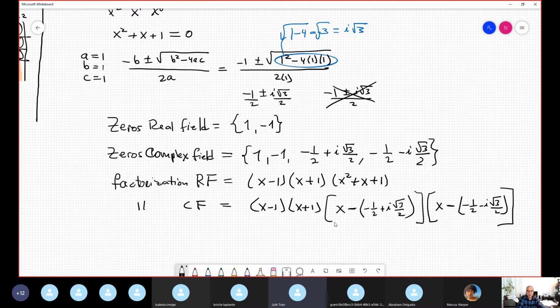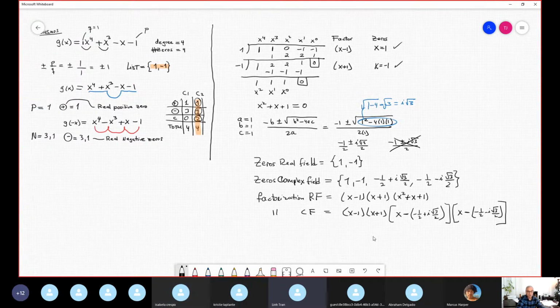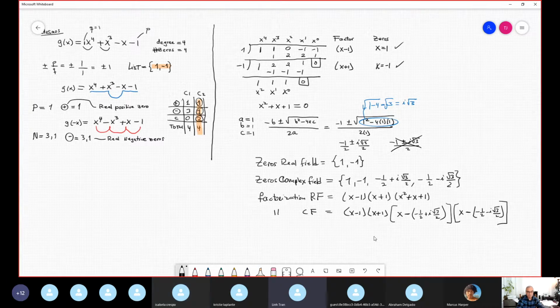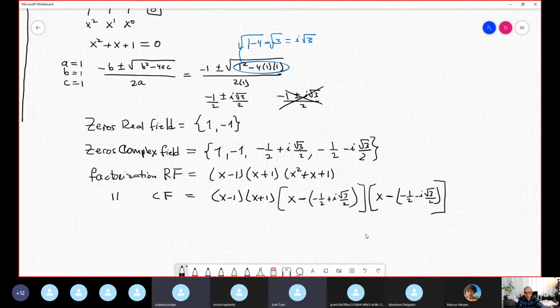One more example, or are you bored of seeing that? One more example. Okay, no problem. I have a question. Go ahead. So with the two, like the x minus negative 1/2 plus imaginary 3 over 2, those two would count as like the real negative zeros, because I thought we were supposed to have 3. 3 what? Wait.